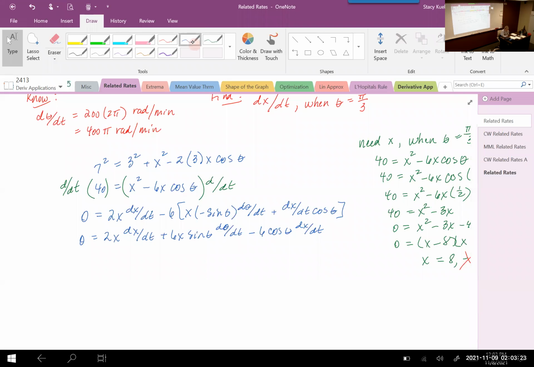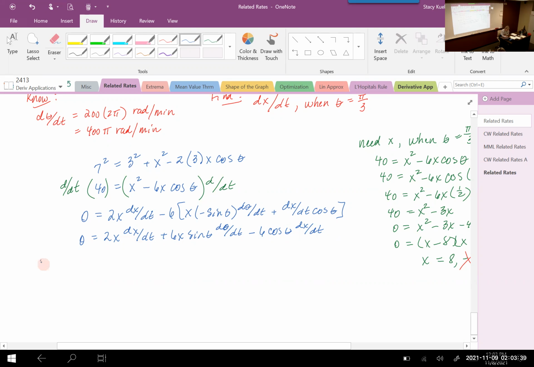So I'm going to come back to our formula that we were working on here, and I'm going to gather up my dx/dt's on the left.